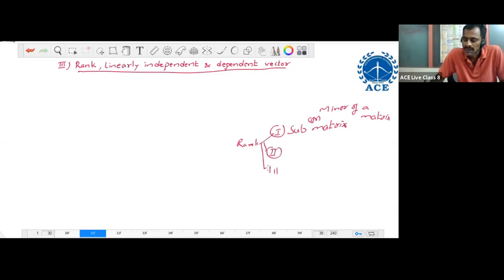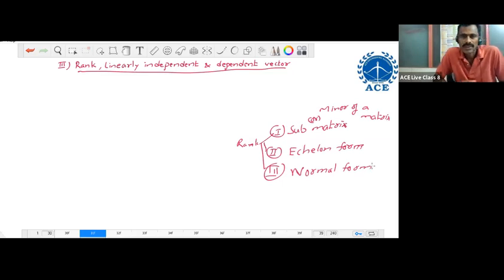Out of the three methods, the very first method is the submatrix method, or minor of a matrix method. Next, the second method is echelon form. Next, the third method is normal form.